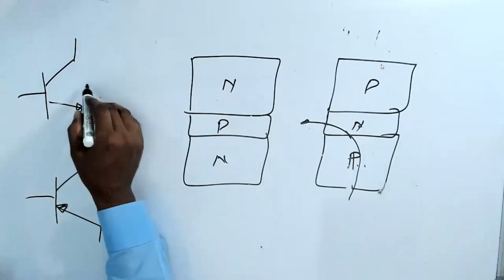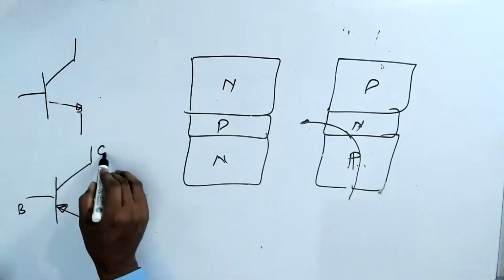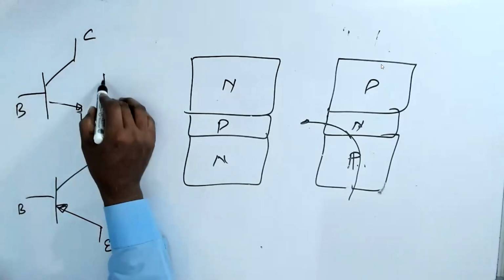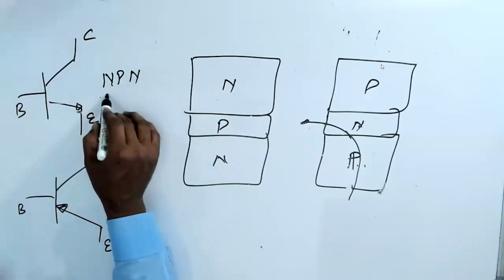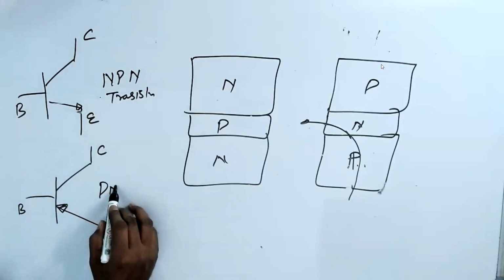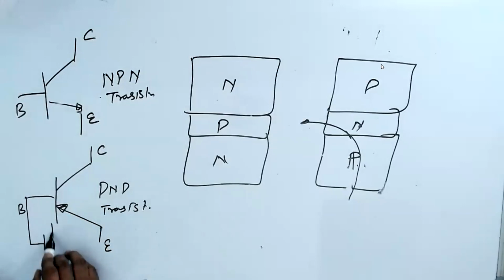Here also it is called emitter, base, collector. Emitter, base, collector. But this is called an NPN transistor. This is called a PNP transistor. Here you connect the battery like this. So this current is responsible for this current.